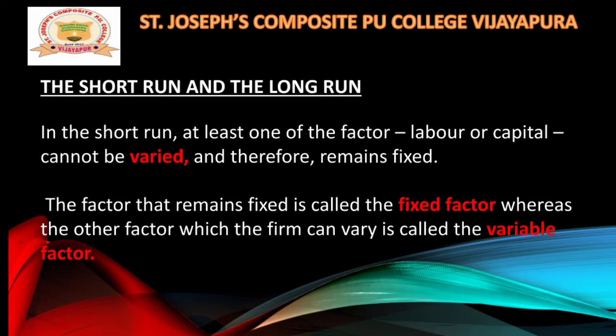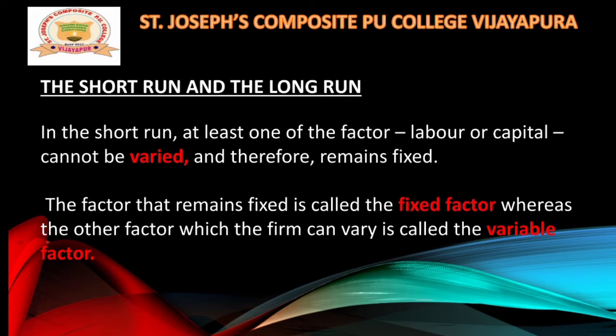Remember, in the short run production function, at least one of the factors, either labor or capital, generally we can say capital, should be constant or fixed and cannot be varied. So this is the short run production function.